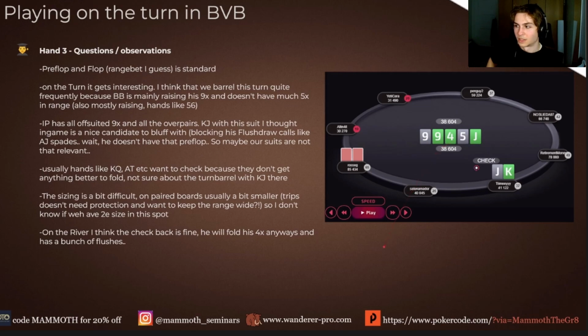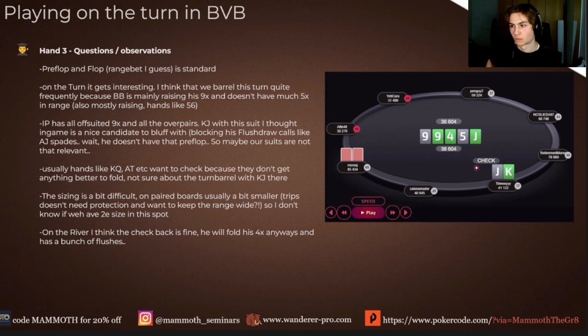So we play quite aggressive on a jack, on a queen. Yeah, I think so. It's quite a lot. It could be like a 60% c-bet turn situation. I don't see problems with that frequency.